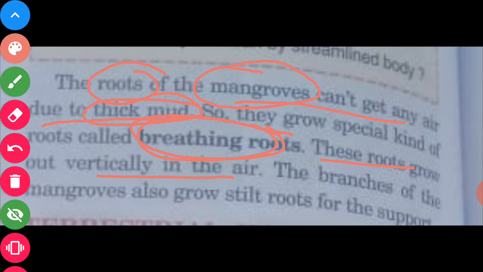The branches of the mangroves also grow stilt roots for their support. These are the adaptations shown by the plants which grow in water, or we can say by the hydrophytes.